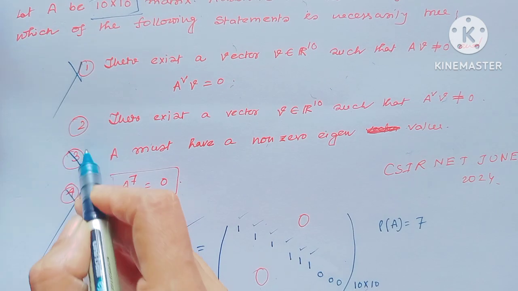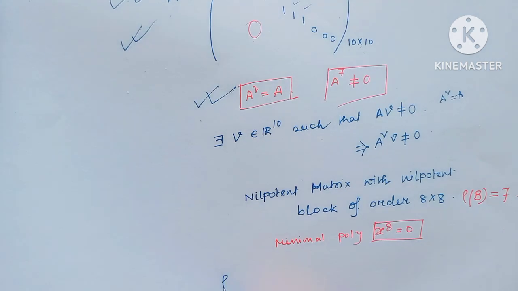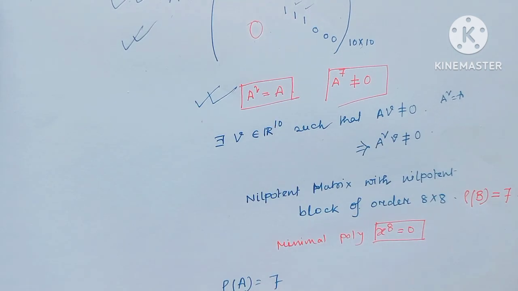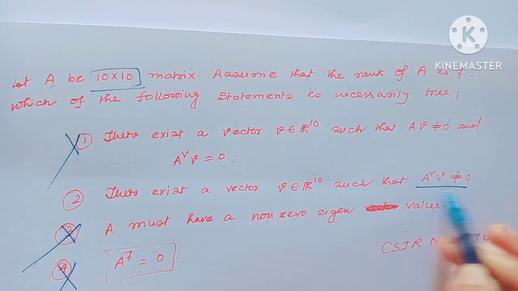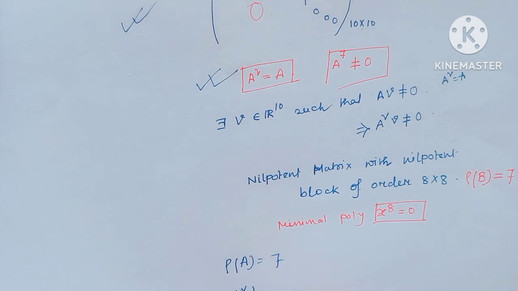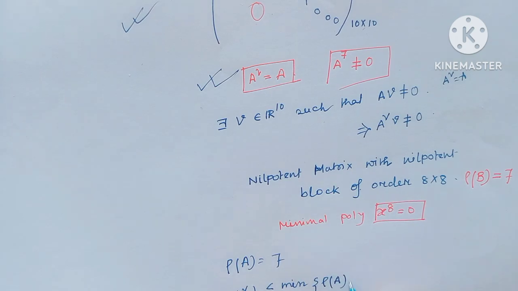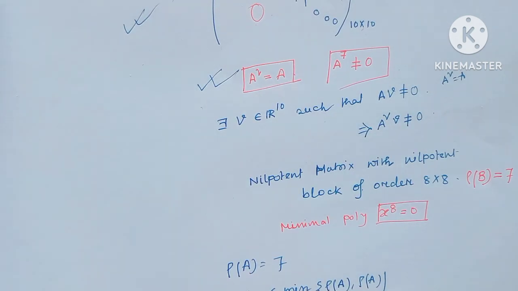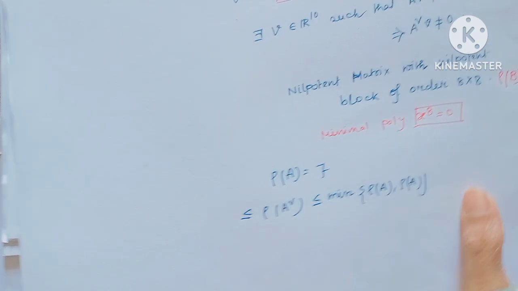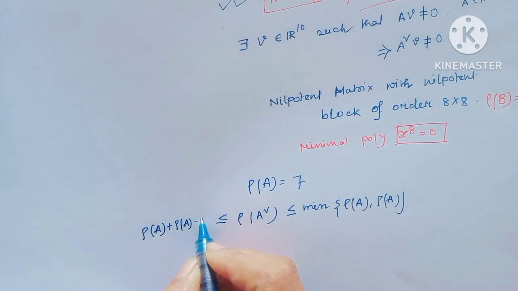Option 2 says there exists a vector V belonging to R10 such that A squared V is not equal to 0. Is it a true option? Since the rank of A equals 7, and the question is about A squared V, we all know that the rank of A squared is less than or equal to the minimum of rank of A and rank of A, and greater than or equal to rank of A plus rank of A minus n.